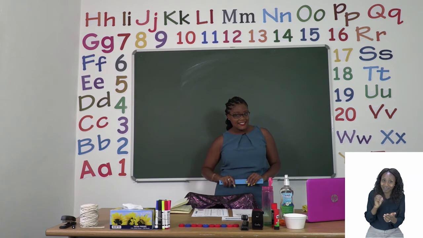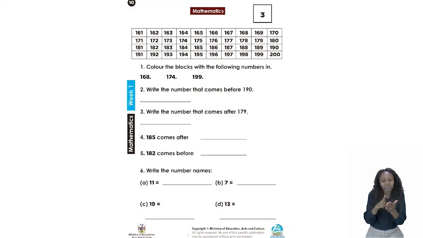Let's take a look at our exercise again. On this exercise, we have number 6. And number 6 is asking you to write the names of these numbers. Not the numbers, because they are already there. We want the names of these numbers.